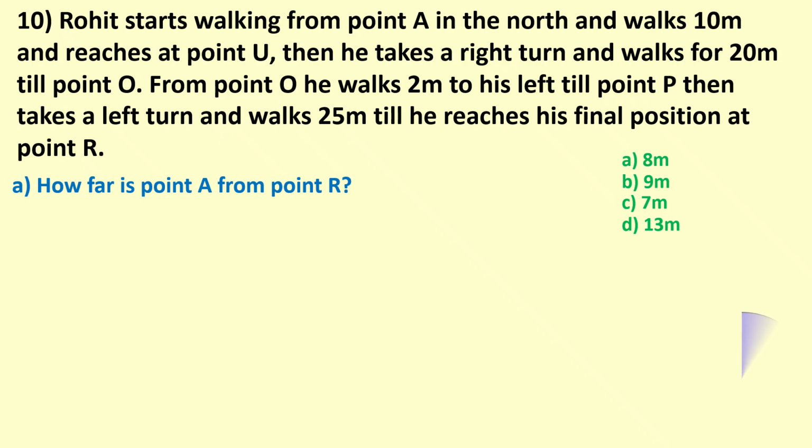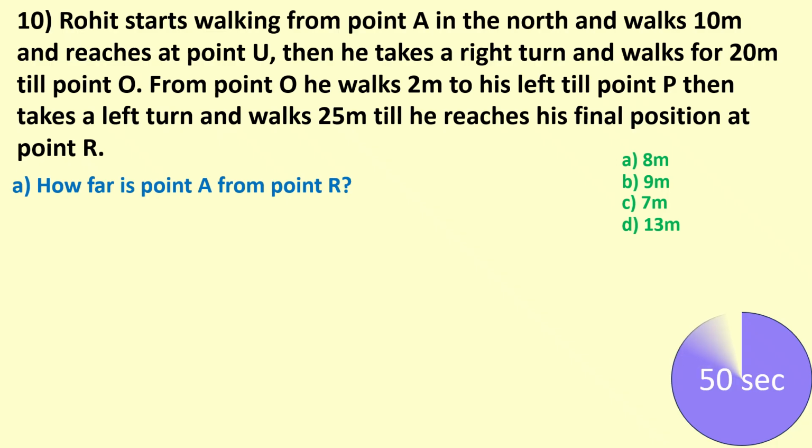Rohit starts walking from point A in the north and walks 10 meter and reaches point U. Then he takes a right turn and walks for 20 meter till point O. From point O he walks 2 meter to his left till point P, then takes a left turn and walks 25 meter till he reaches his final position at point R.